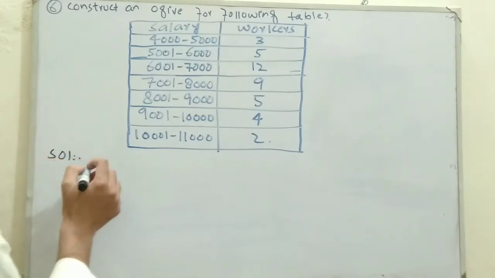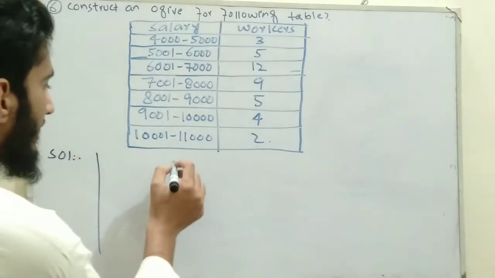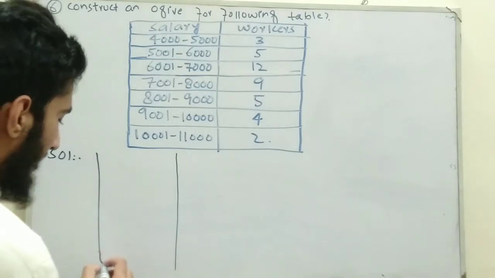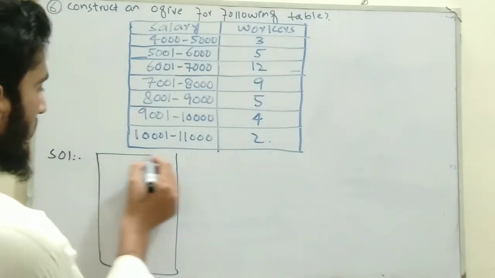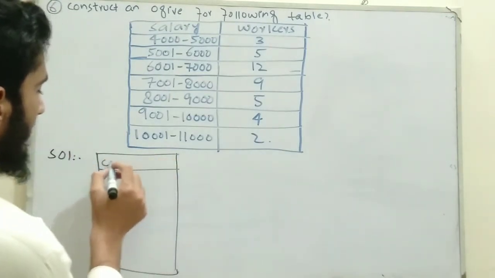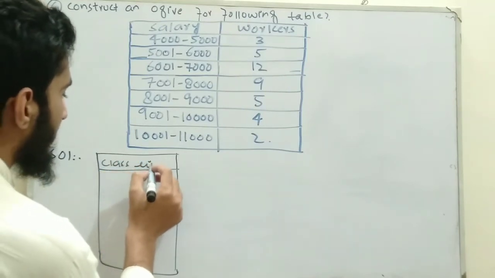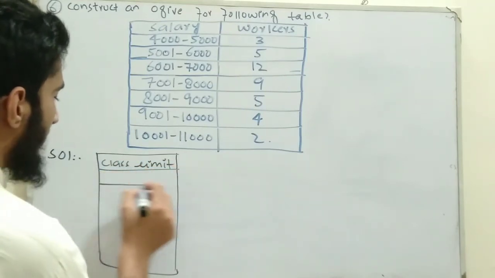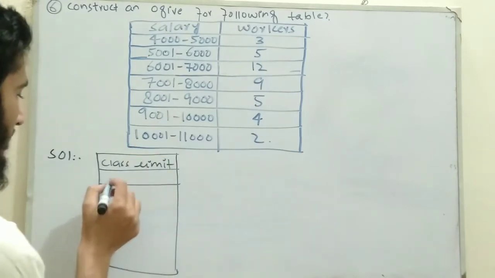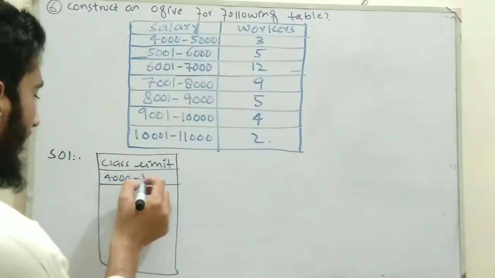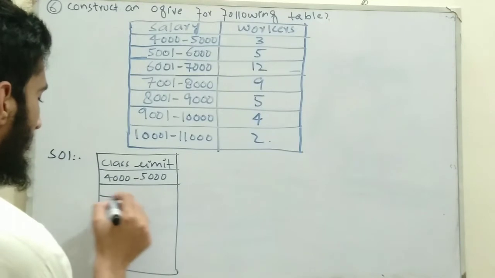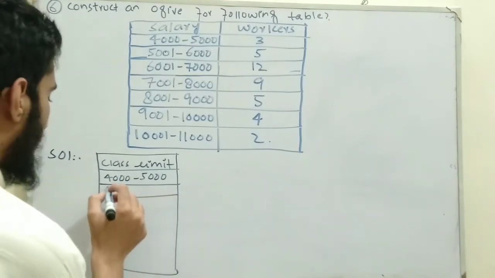We are going to draw a table over here. The salary will be considered as the class limit. The first class limit is 40,000 to 5,000, and the second one is 5,001 to 6,000.